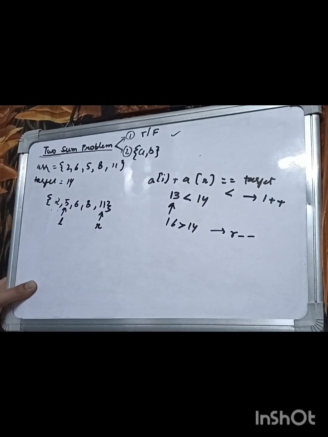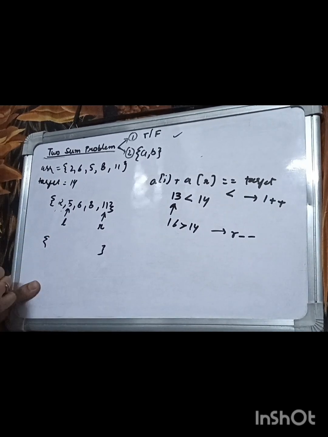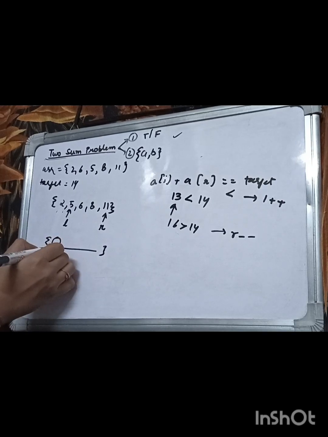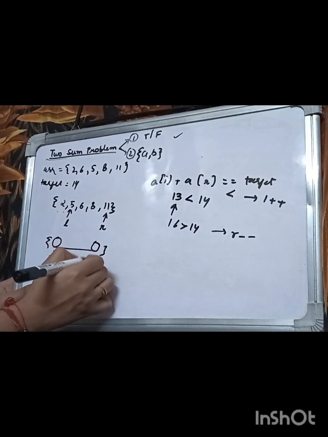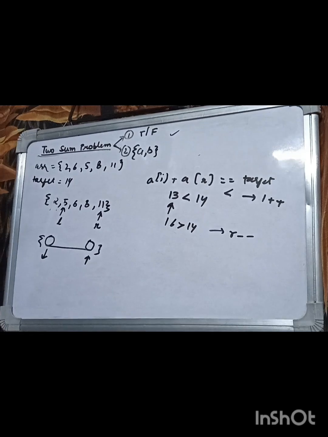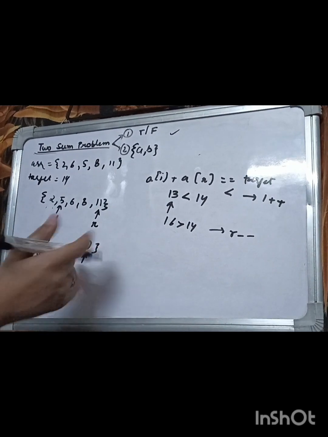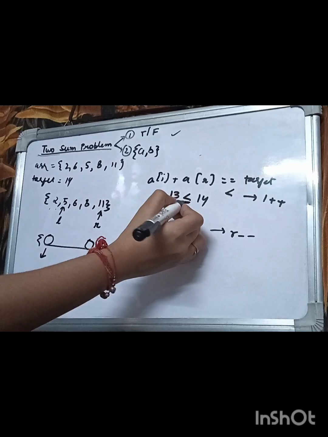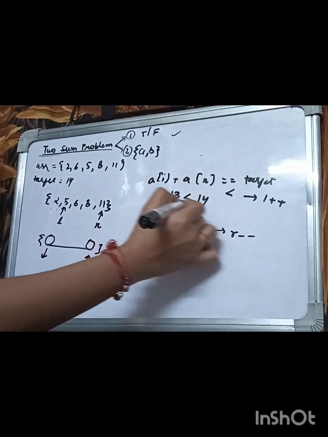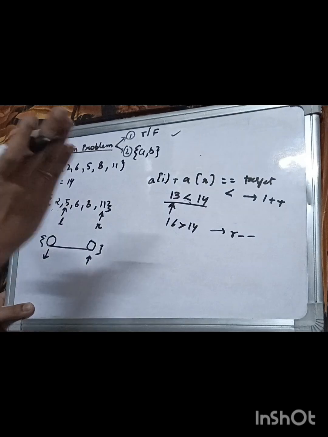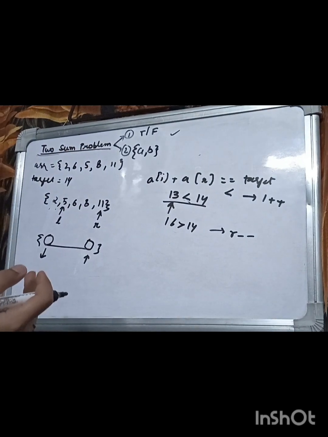Why am I doing this? Because I have sorted the array. It means the element here is less and here it's greater, which we all know. If the sum L plus R is less than the target, I have to increase my sum. How can I increase it?